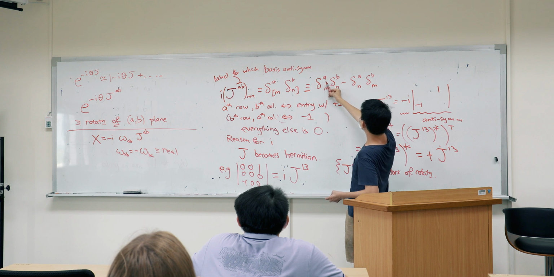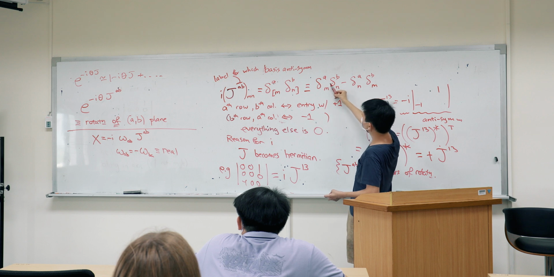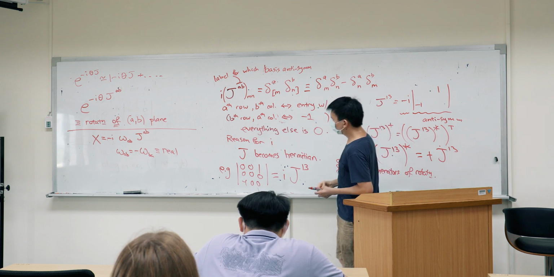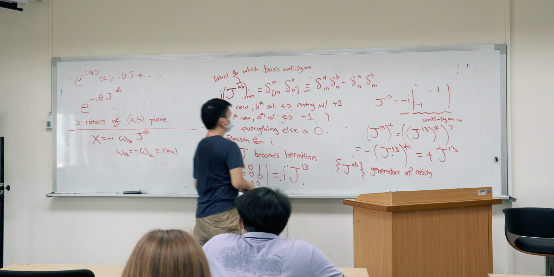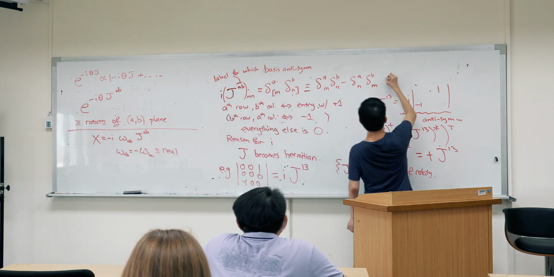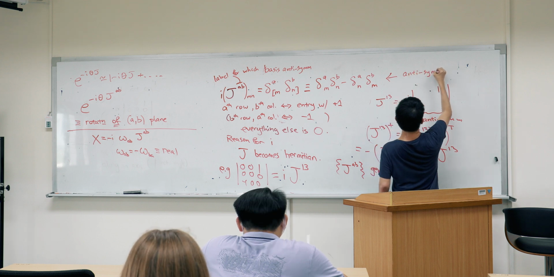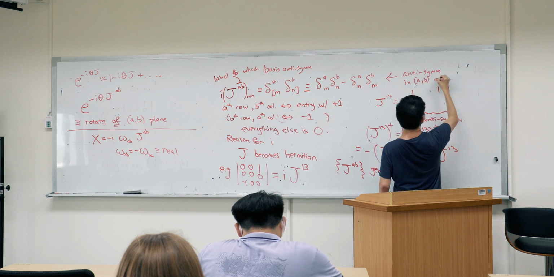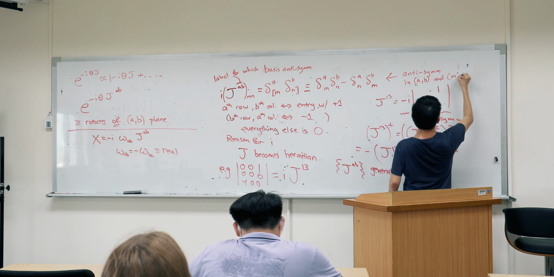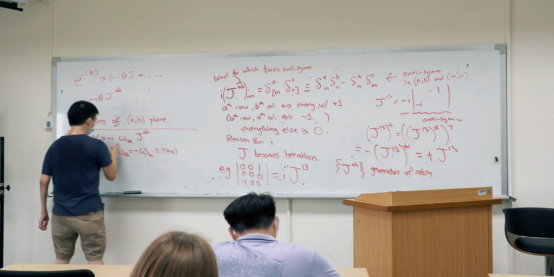If you swap AB, this term will become this term with an overall minus sign. So it is simultaneously anti-symmetric in both AB and MN. Okay?